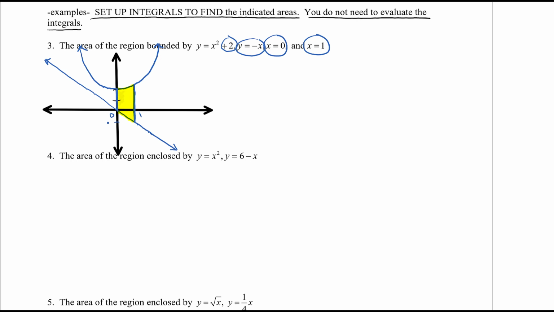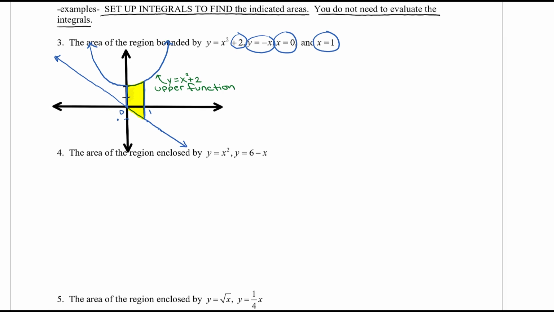So now that I have this visual, it's going to be much easier for me to set up my integral. This upper function, the parabola that's opening upwards, I'm pointing an arrow towards it, and I'm writing down the equation y equals x squared plus 2 to it, and that's going to represent my upper function. Now my lower function is going to be represented with our line y equals negative x.